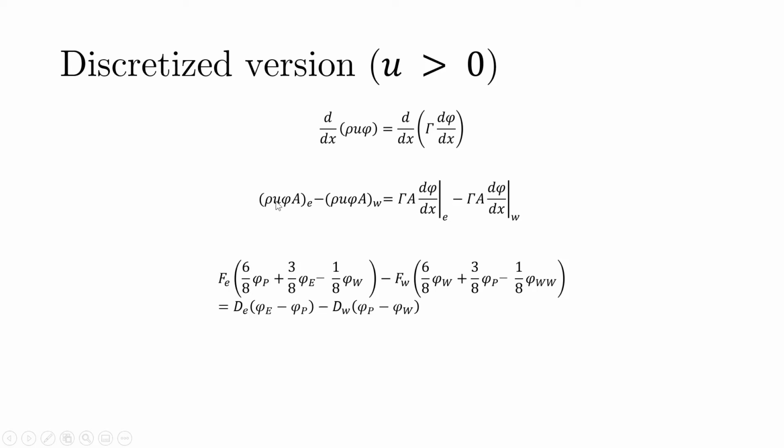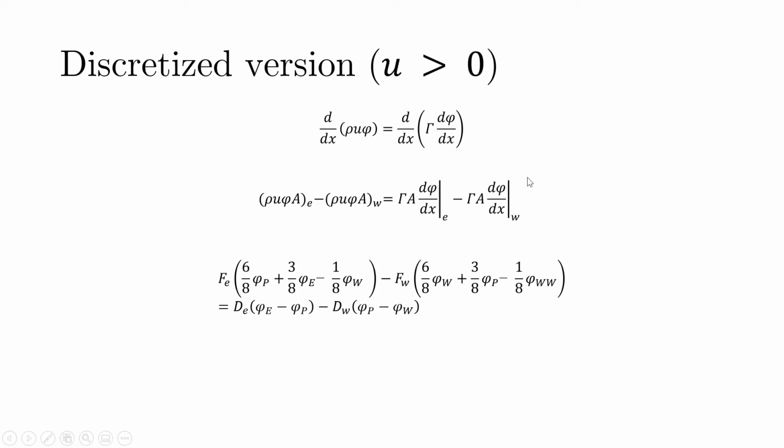So rho into u becomes my F at small e, and I can substitute for phi at small e this particular expression here. Similarly, rho into u evaluated at the west face becomes F of w, and phi at w can be expressed by the expression that we have looked at before.